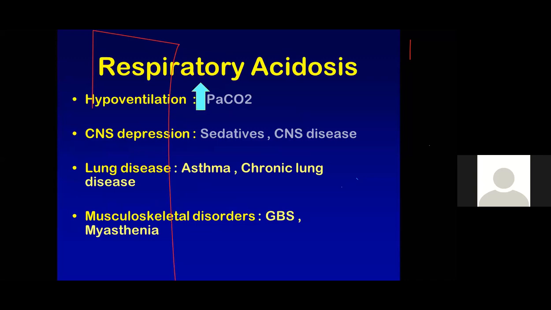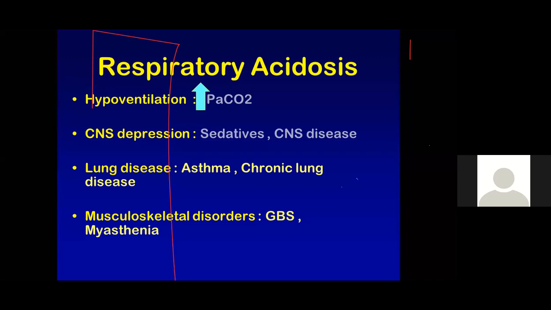Now first we'll look into some of the examples causing respiratory acidosis. The commonest problem, as I mentioned, is somebody not taking proper breaths, with a respiratory rate of less than 10, very low respiration. That means the carbon dioxide is building up. When the carbon dioxide builds up, naturally the pH will come down and the patient goes into respiratory acidosis.